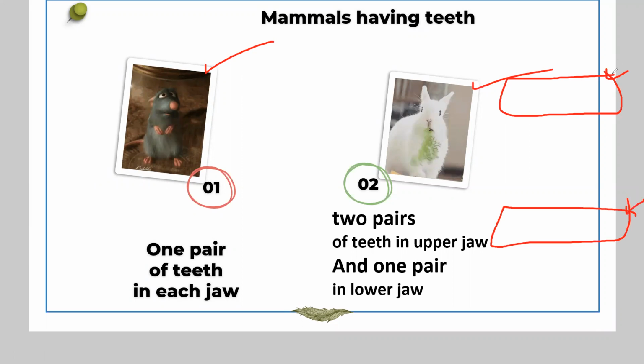In the upper jaw it has two pairs of teeth, while in the lower jaw it has only one pair of teeth. Okay, so that's the difference between a rodent and lagomorphs. Again, we have classified mammals according to their teeth.